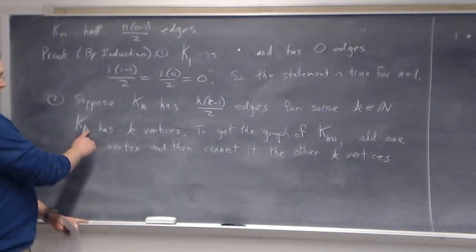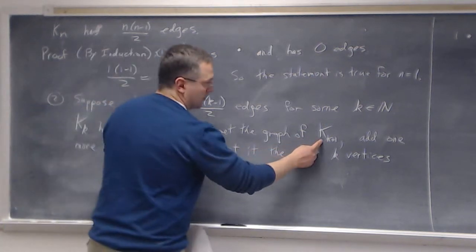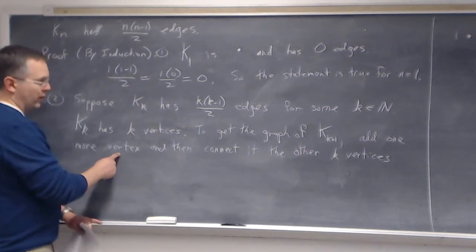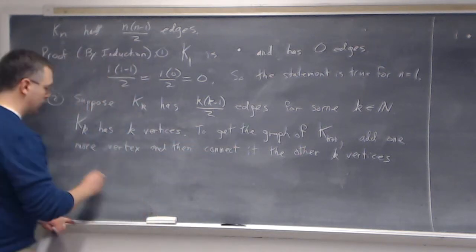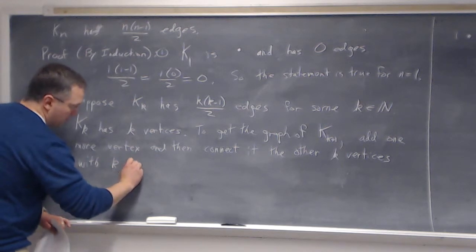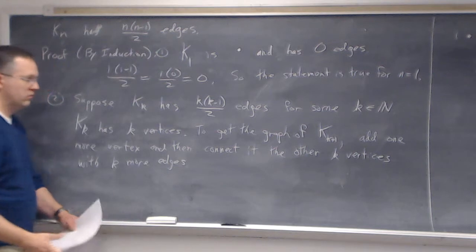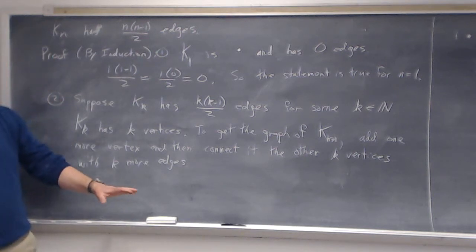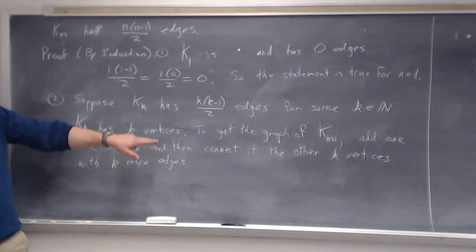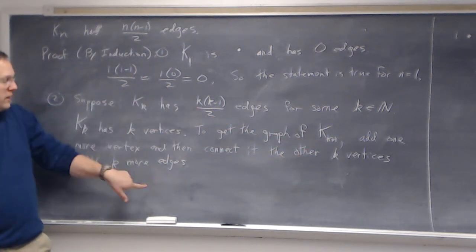So if I start with this many edges, then to get the graph of K sub k plus 1, I need to add one more vertex and connect it to the other k vertices with k more edges. Okay? You see where I'm going? So K sub k plus 1 will have this many edges plus k more.